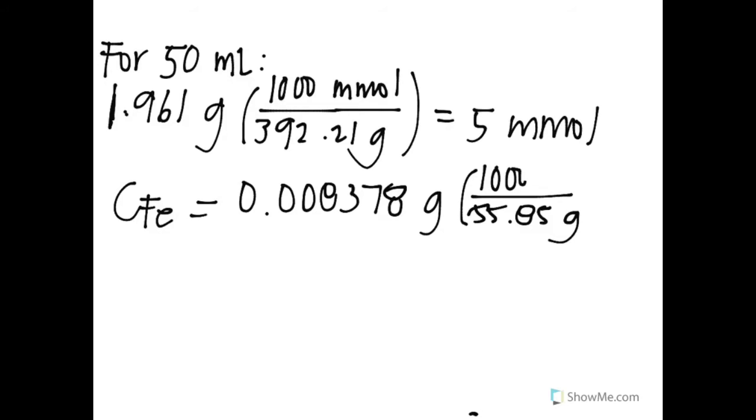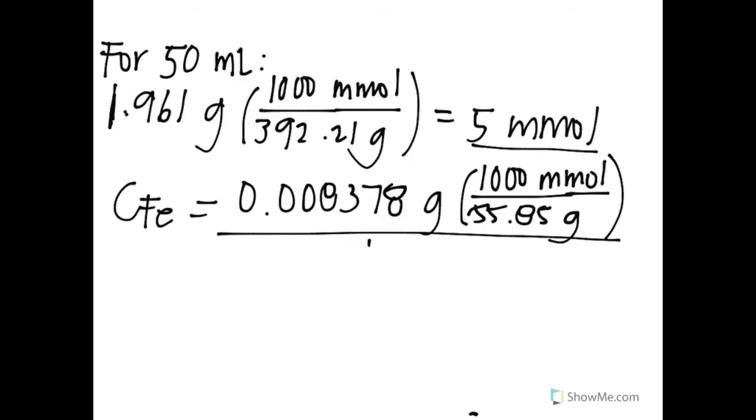Let's make this millimoles. All over the volume, which is 1 milliliter. So the result is 0.15 molar of iron.